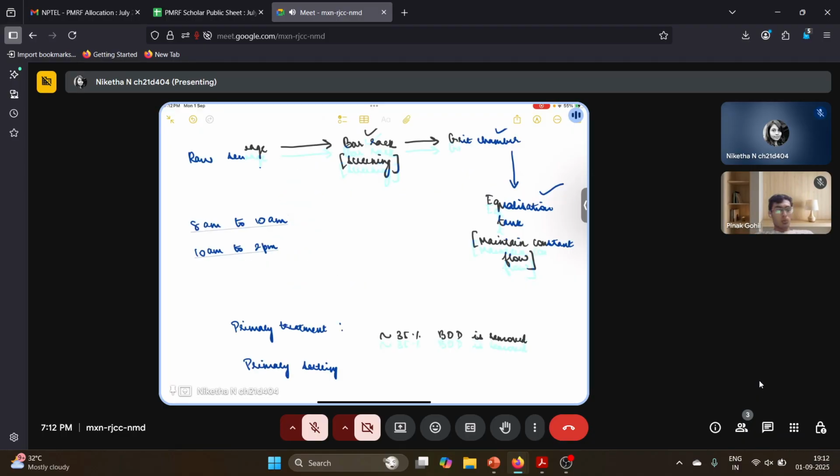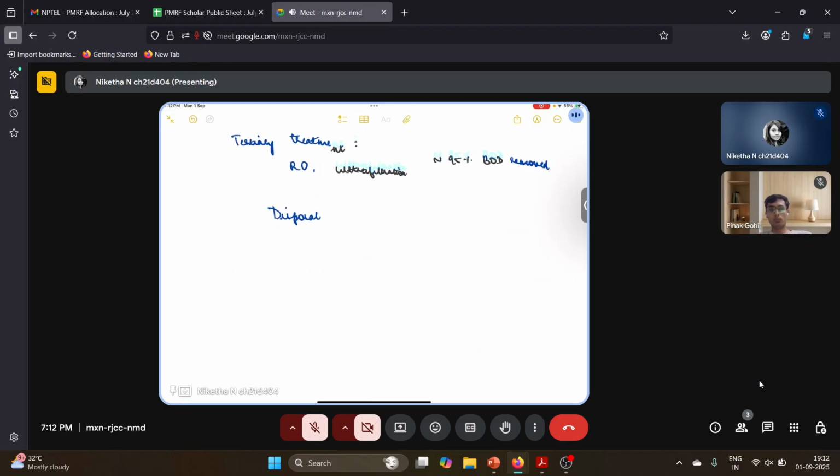So first, we'll start with bar racks. Bar racks are used for removing large objects, like I said, floating particles, maybe pieces of cloth, plastic, or any solid waste that is floating.